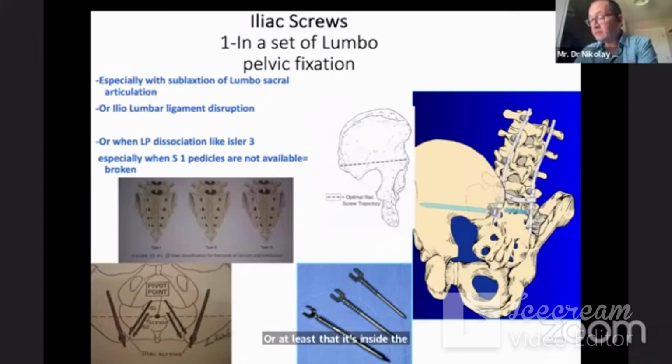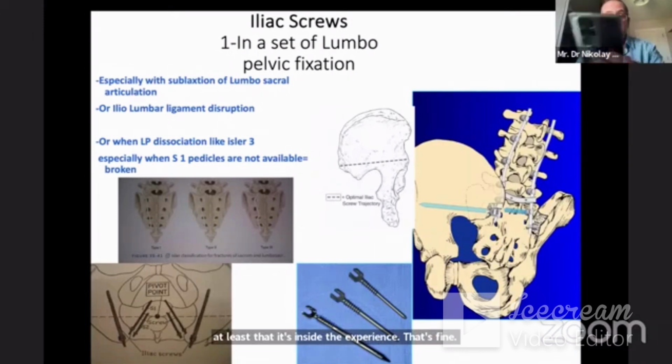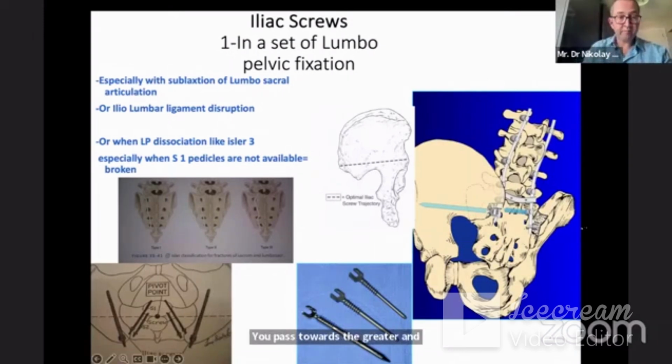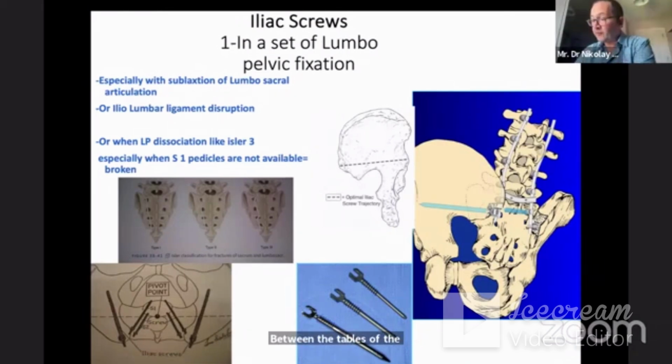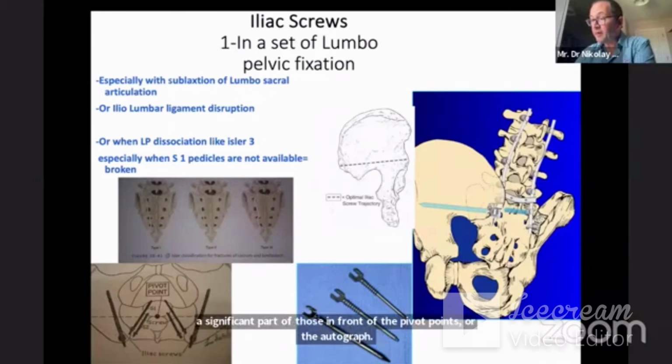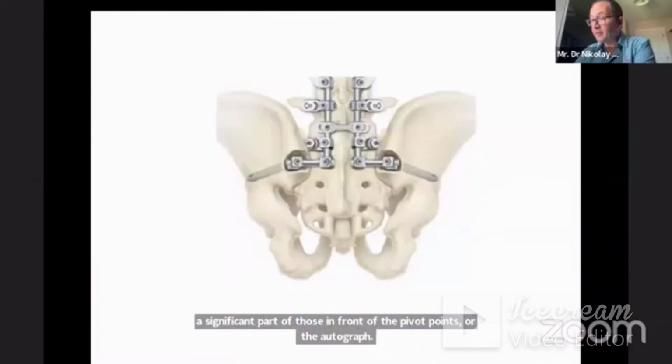You pass towards the greater trochanter and between the tables of the ilium, getting fairly long screws, and they have a significant part of those screws in front of the pivot point, so they are very effective around this area. But how to use them?